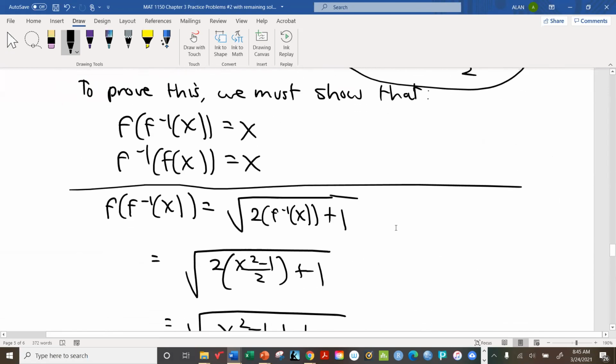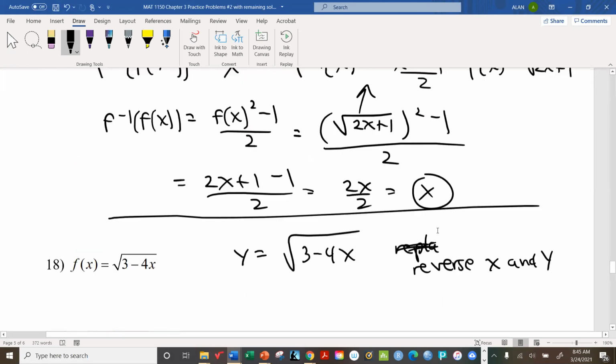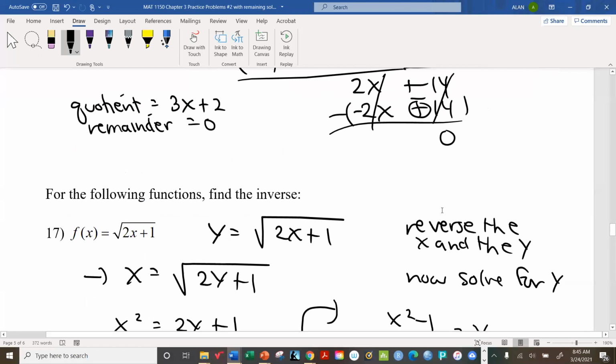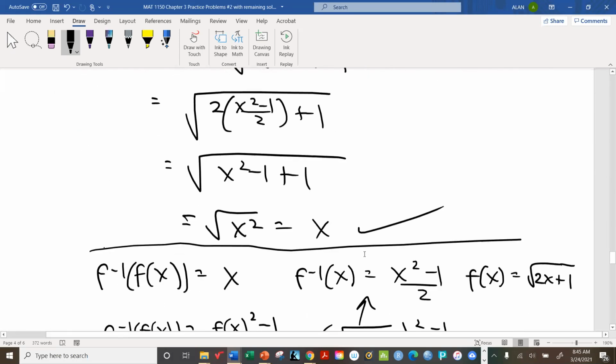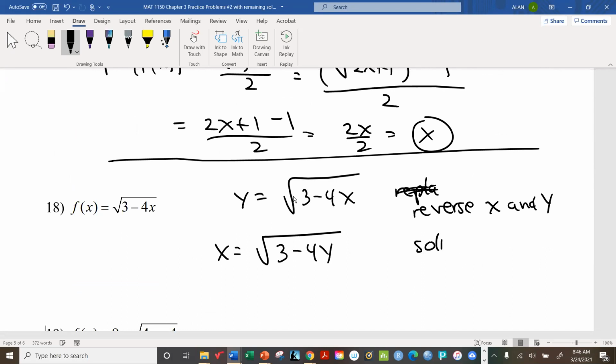Oh, okay, reverse x. I wanted to see how I explained it before. Replace, or actually not replace, reverse. I think that's the best way to explain this. Let me change this one up here. Reverse the x and the y. That's better. And then once we've done that, solve for y.